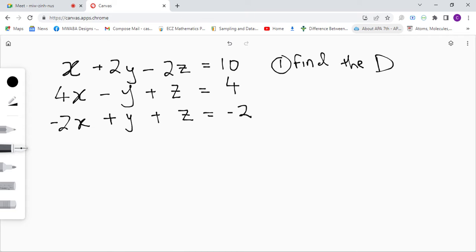So what we're going to do is put these equations in a matrix format. We'll make it like this, and we're going to list the coefficients of each variable. So in our x column, the coefficient of x is 1, the coefficient of 4x is 4, the coefficient of x in our third equation is -2.